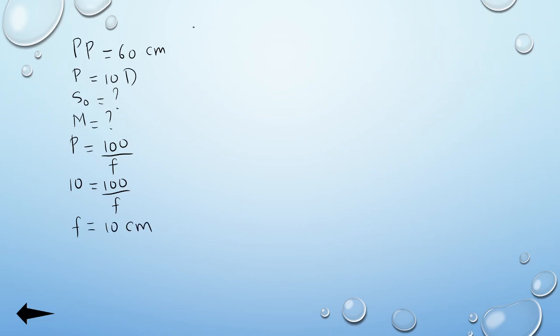After we find the focal length, we can now calculate the angular magnification of the magnifying glass. Remember, the person is using the magnifying glass with maximum accommodation. So, the correct equation to calculate the angular magnification is Mmax equals PP over F plus 1.